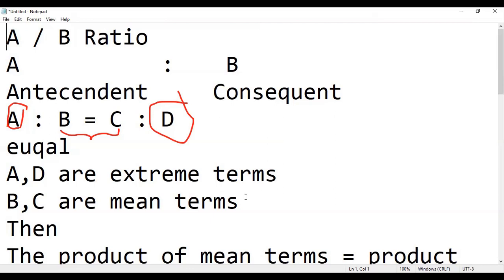Whenever they are in proportion, the product of mean terms is equal to the product of extreme terms.